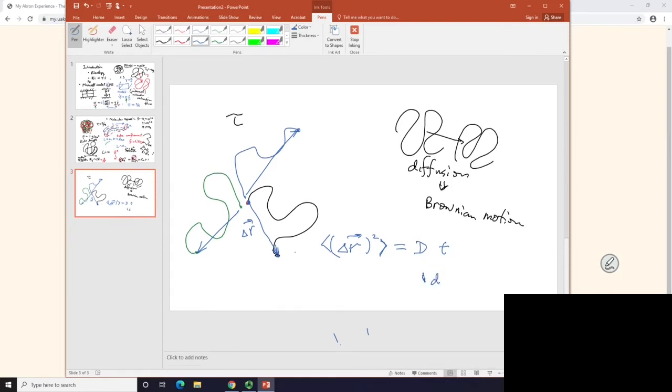And of course, a diffusion constant has the dimension by definition of distance squared over time. So since there are six ways, up and down, left and right, forward and back, there's a 6 there, actually.